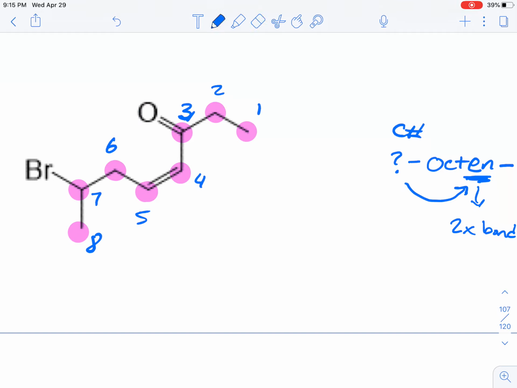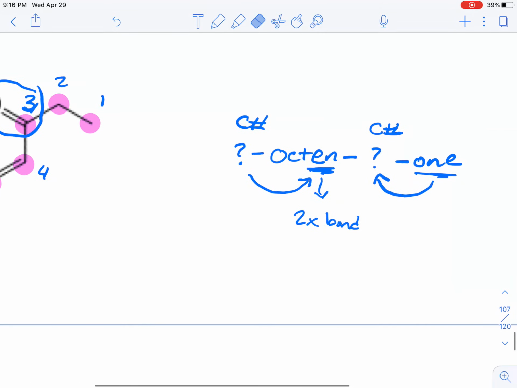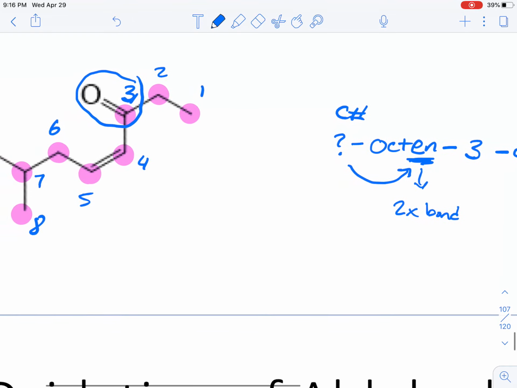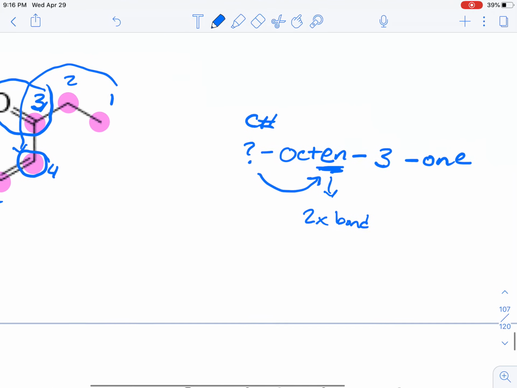All right, and so it looks like our carbonyl carbon is found on carbon 3, so that answers the question. And if I follow the order in which I've numbered my carbons, it looks like my double bond starts on carbon 4.